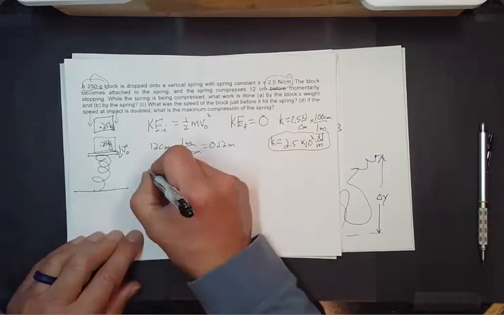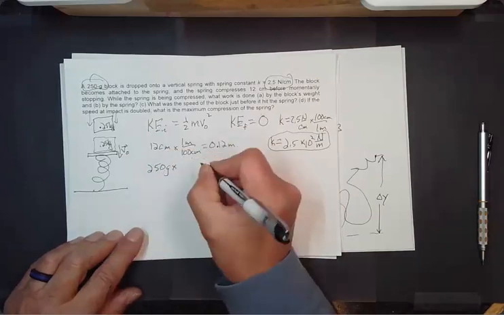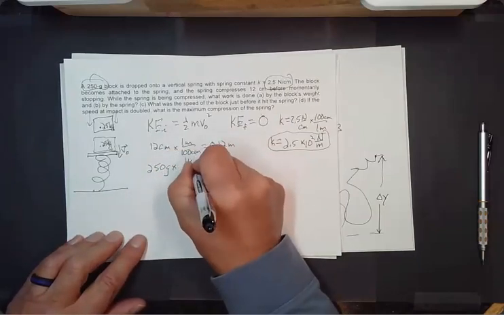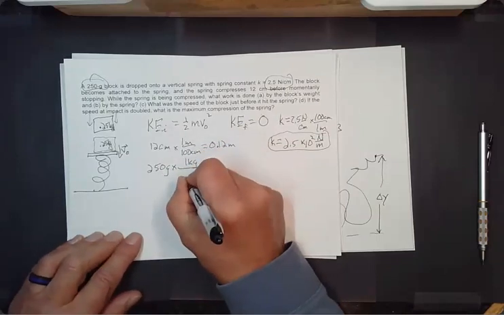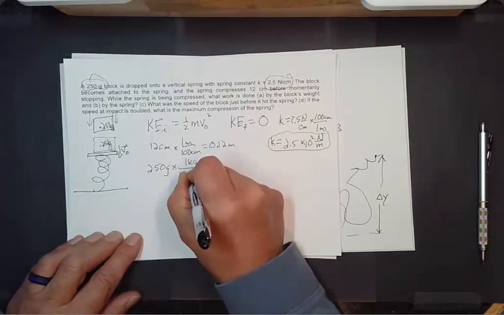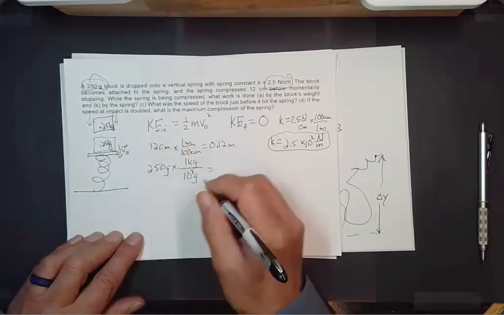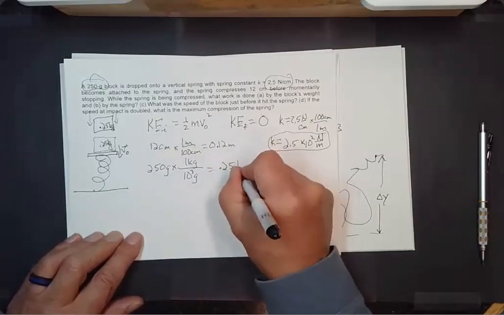If you're wondering about that, 250 grams times 1 kilogram over 10 to the third grams. Kilo is metric for 10 to the third. When you move the decimal over 3 spots, you get 0.25 kilograms.